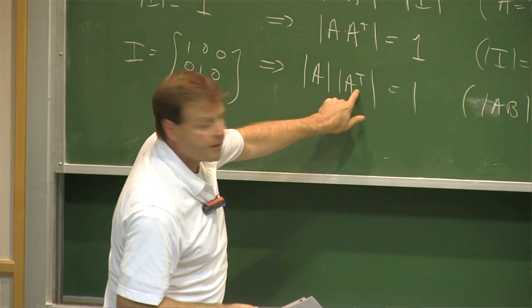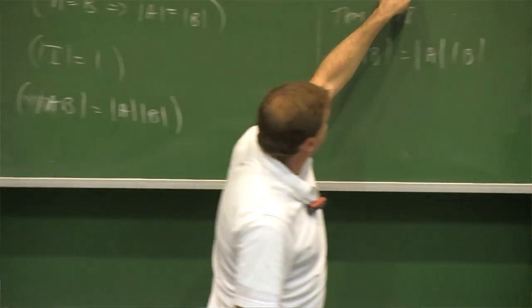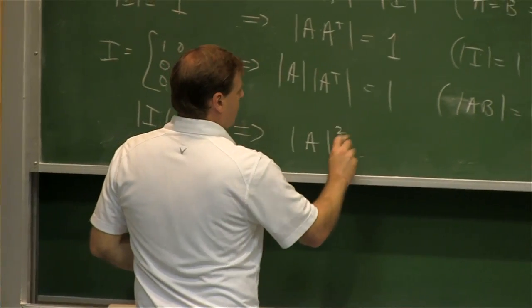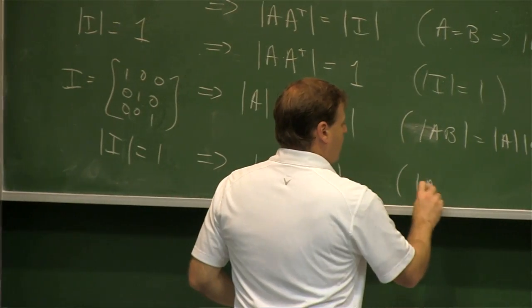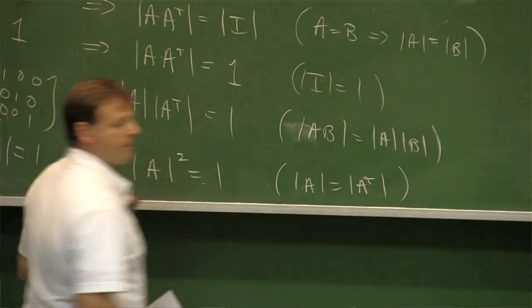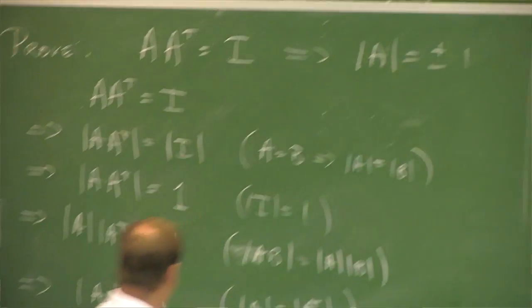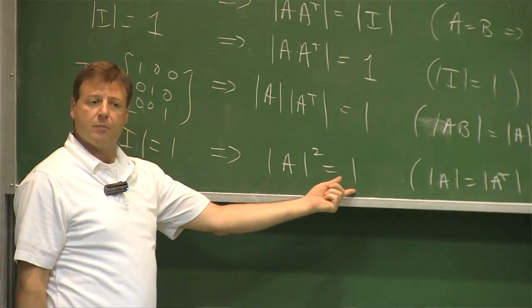Well, now let's say that this is equal to the determinant of A, right? Because we have this fact that the determinant of A is equal to the determinant of A transpose. So this implies that the determinant of A squared equals 1, right? Because A equals A transpose. And now we can finally arrive at this conclusion, because if I solve for this, you just take the square root of both sides, I get the determinant of A equals plus or minus 1.